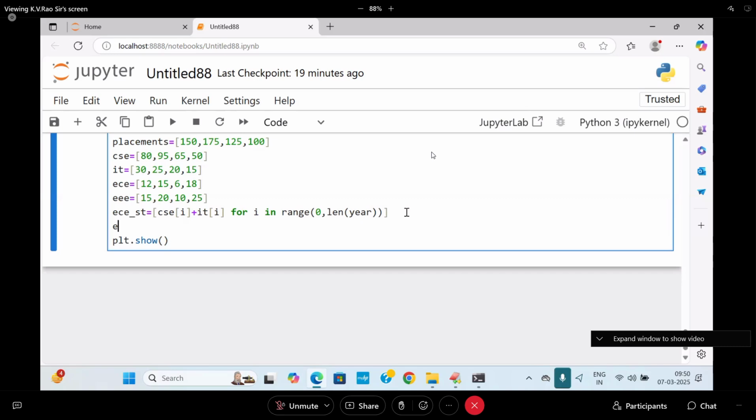Similarly, I will go for the next start. Triple E start is equal to CSE of i plus IT of i plus ECE of i for i in range of 0 comma len of year.